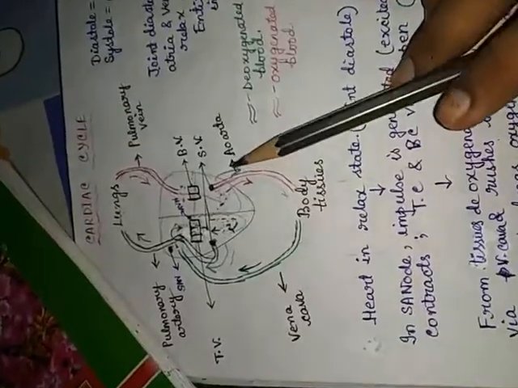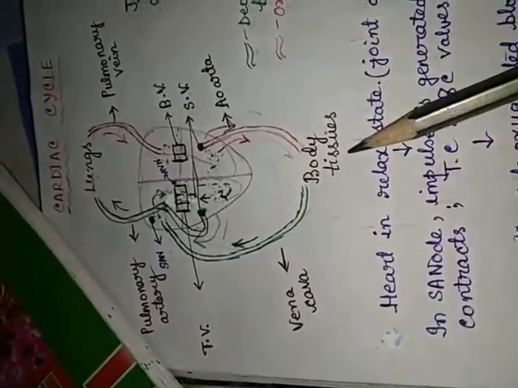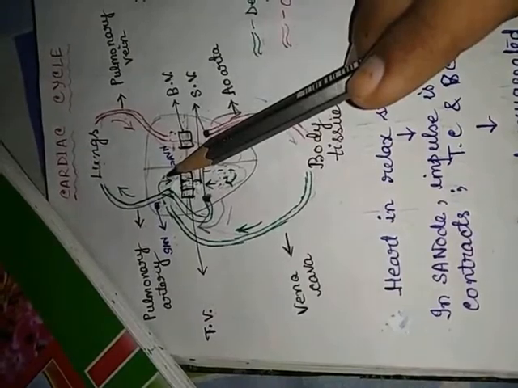It is the blood circulation pathway, means from the body tissues the deoxygenated blood first enters into the right auricle.